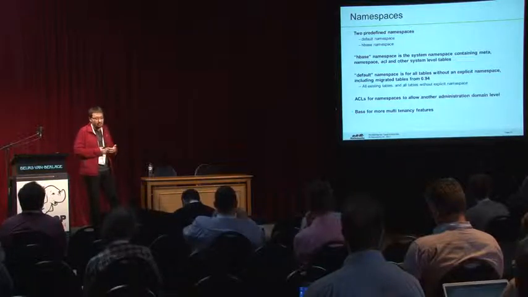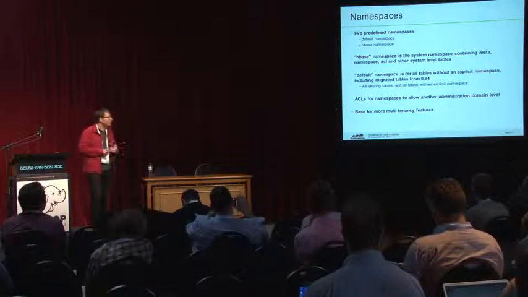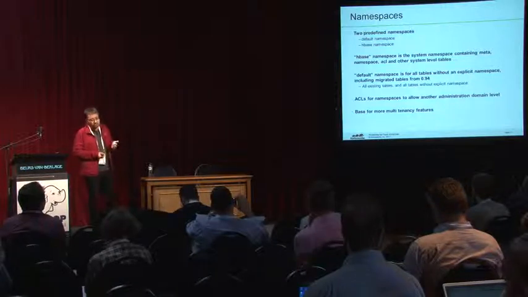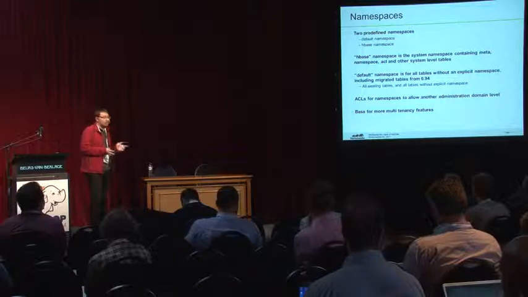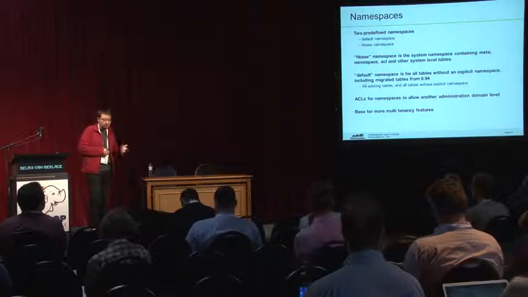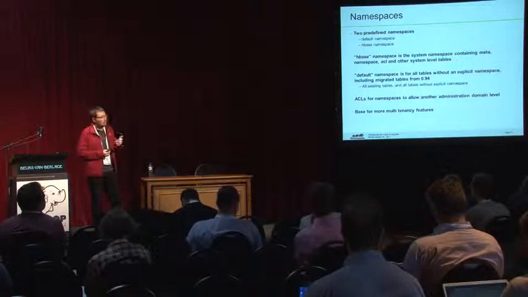idea, basically we had to do it in a backwards compatible way. So what we ended up doing is to implement two default namespaces, which are predefined and come with whenever you install HBase version 96 or 98.